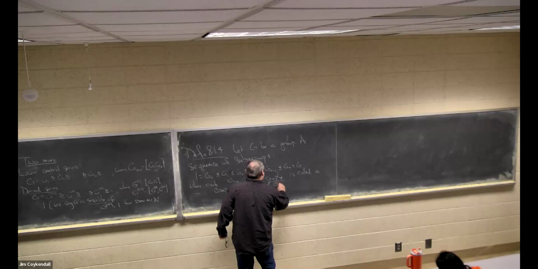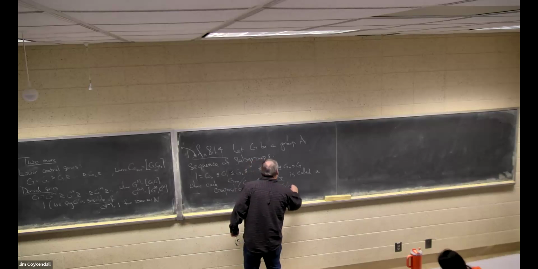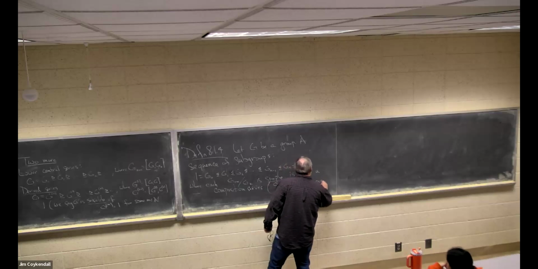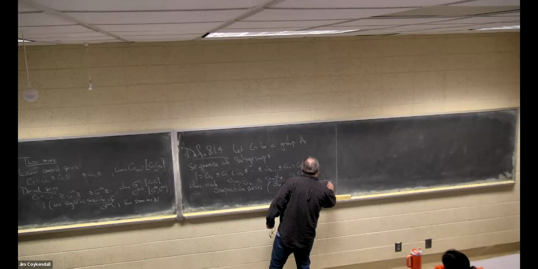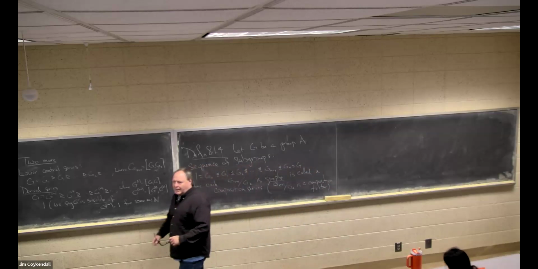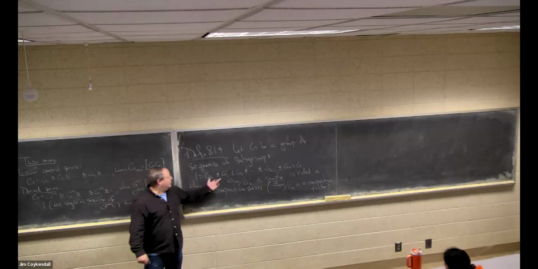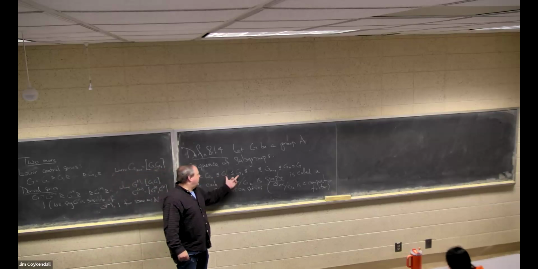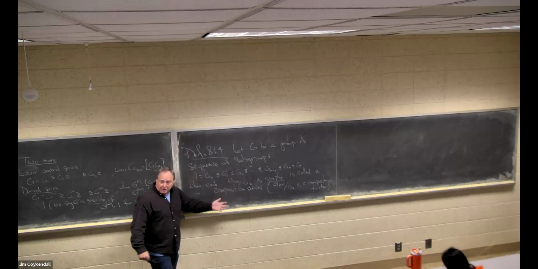And G_{k+1} over G_k is a composition factor. Okay. So that's just some help. So you have the sequence of normal subgroups of G where everyone's normal in the next one and the successive quotients are all simple, right?